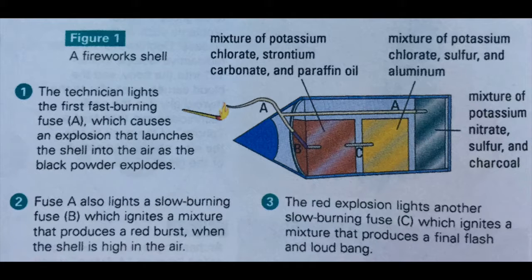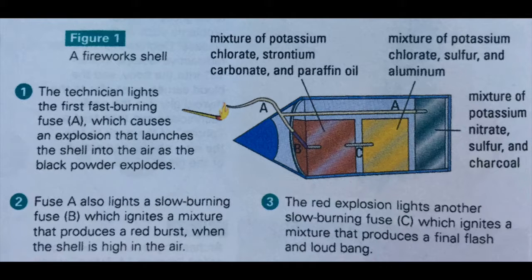1. The technician lights the first fast-burning fuse, A, which causes an explosion that launches the shell into the air as the black powder explodes. 2. Fuse A also lights a slow-burning fuse B, which ignites a mixture that produces the red burst when the shell is high in the air. 3.